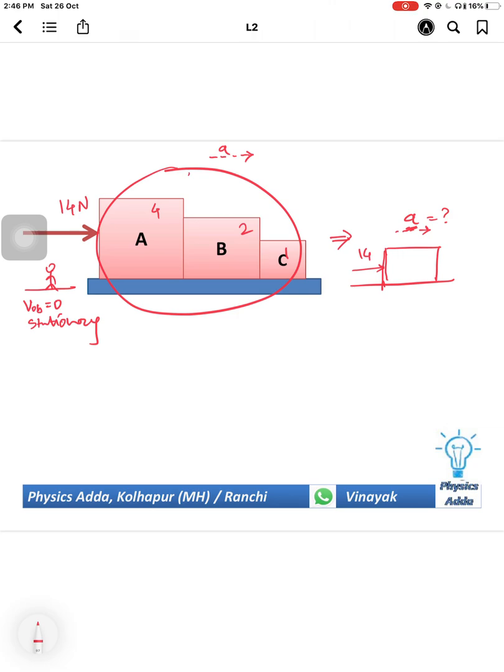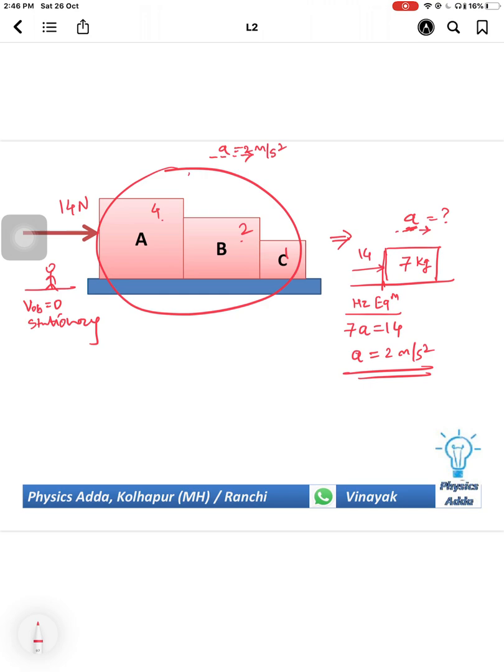What is the value of A? Here I will apply horizontal equilibrium. The mass will be 4 plus 2 plus 1 is 7 kg. Horizontal equilibrium will give 7 into A is equal to 14. A will be 2 meter per second square.